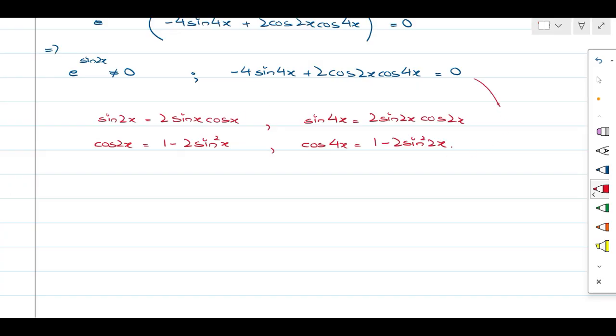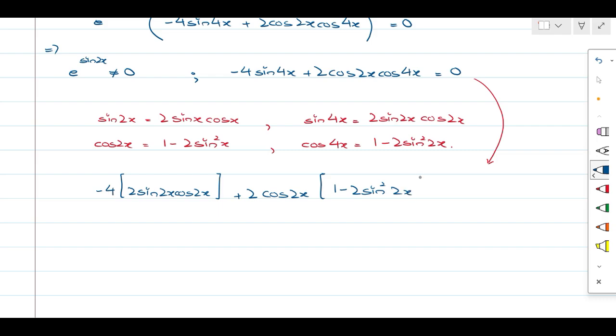Now let me substitute the formulas here. Negative 4 sine 4x is 2 times sine 2x cos 2x, plus 2 times cos 2x times cos 4x, which is 1 minus 2 sine square of 2x, equal to 0.